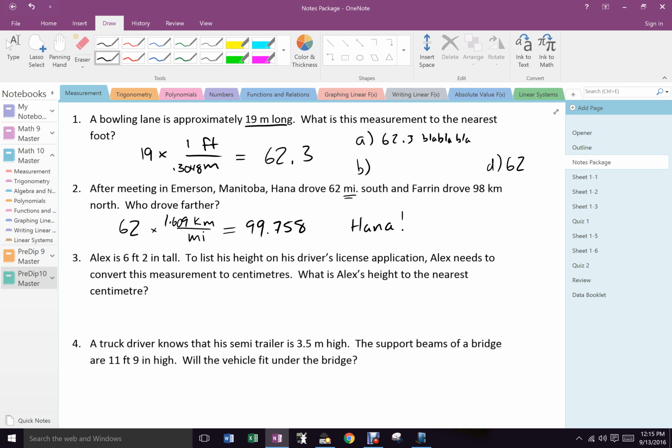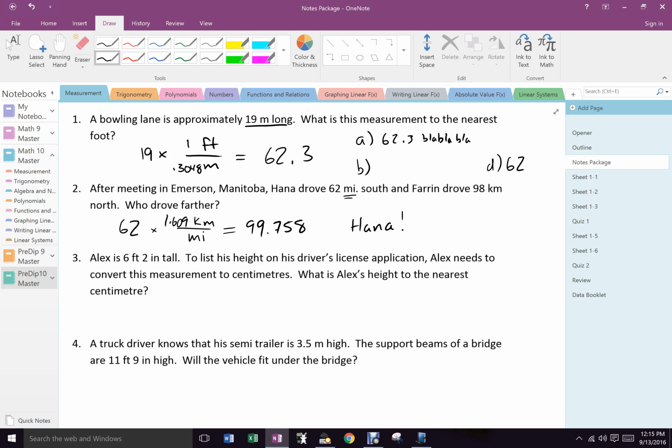Okay, so anyway, let's do this now. What's the problem here? What do I need to convert? I need to convert feet and inches to centimeters, yes? Well, look on your chart. Is there a conversion for feet and inches? Yeah, but it's not one step, is it? So what is my choice here?